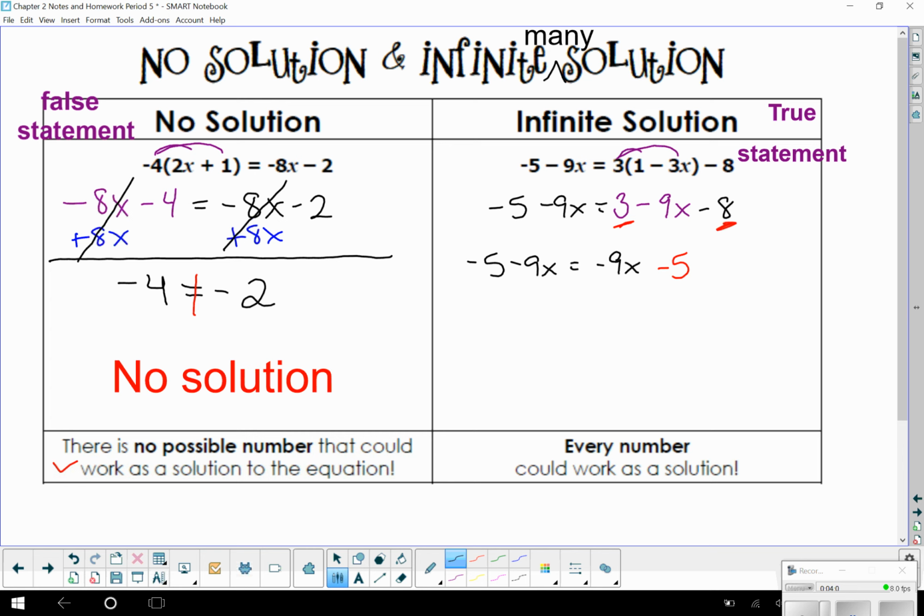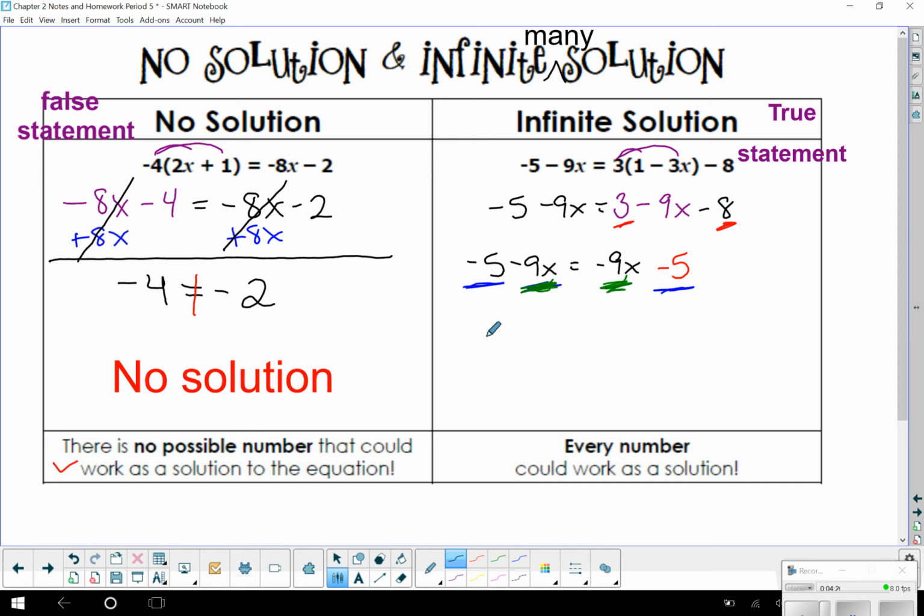And if you notice, you have -5 on both sides. You also have a -9x on both sides, which means this is a true statement. Right here, you have this -5 and that -5. And then you have two -9x's on either side. So this is a true statement.